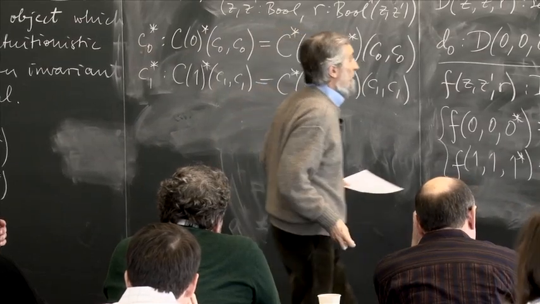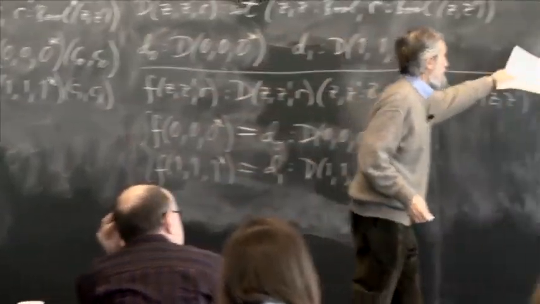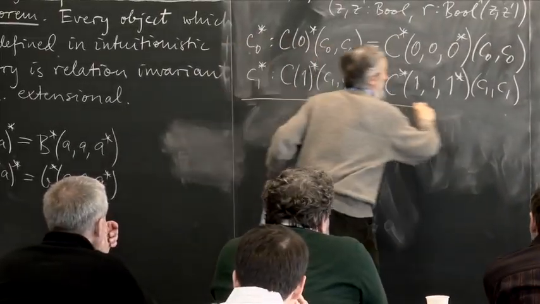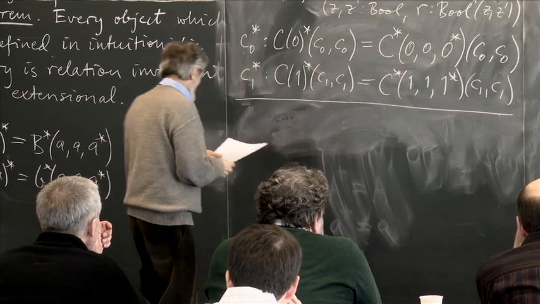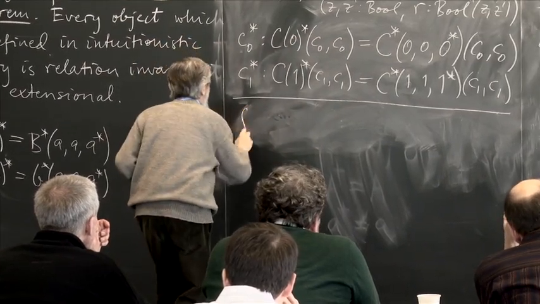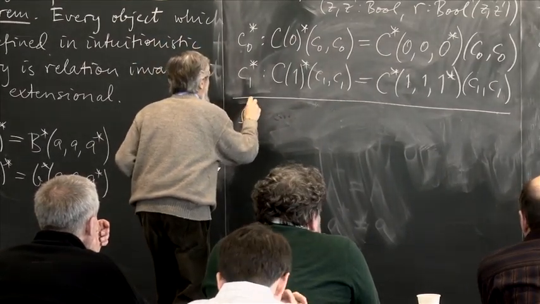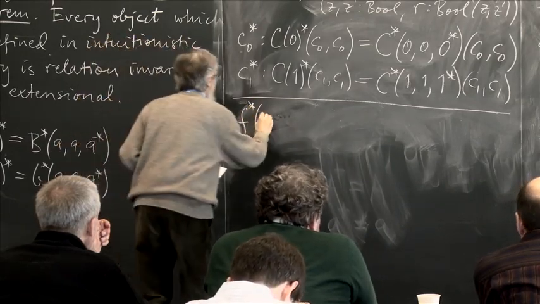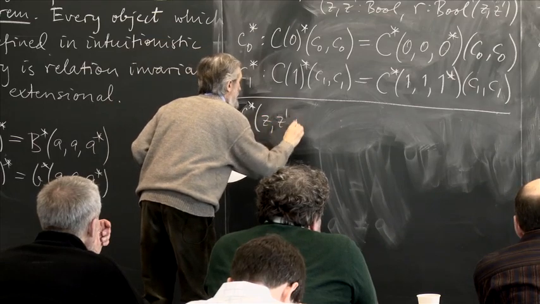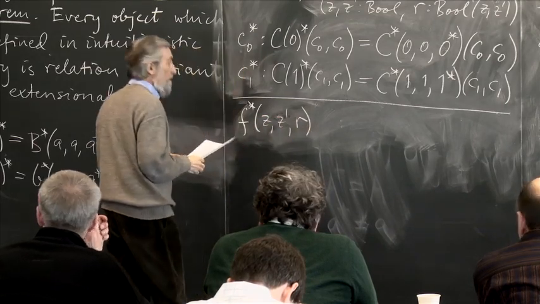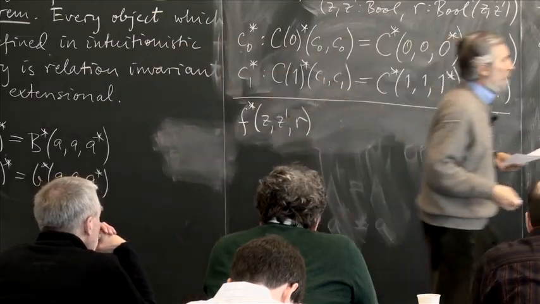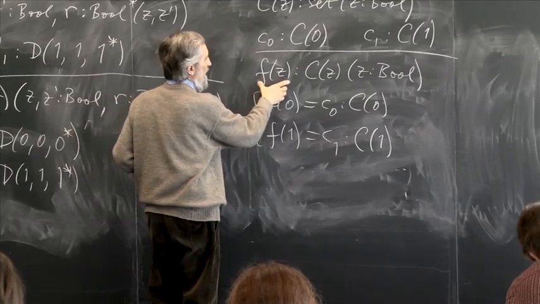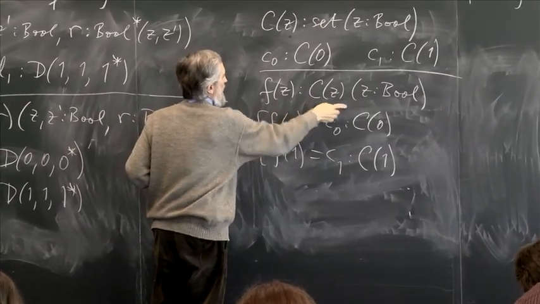So that's for the premises, and now we come to the conclusion. What is it that we must try to get in the conclusion? Well, we must try to get an F star of the three arguments z, z prime, and r, proving that f of z and f of z prime stands in the relation that interprets this.